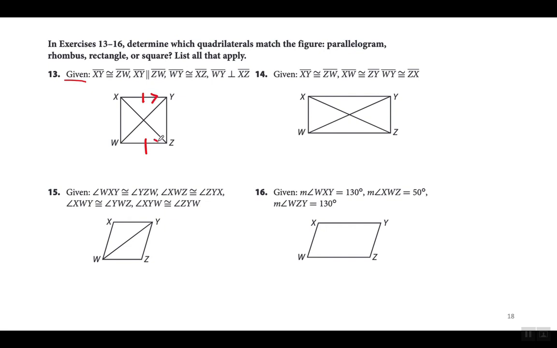They're parallel. WY is congruent to XZ. So WY, this entire diagonal, is congruent to XZ. And WY and XZ are perpendicular.